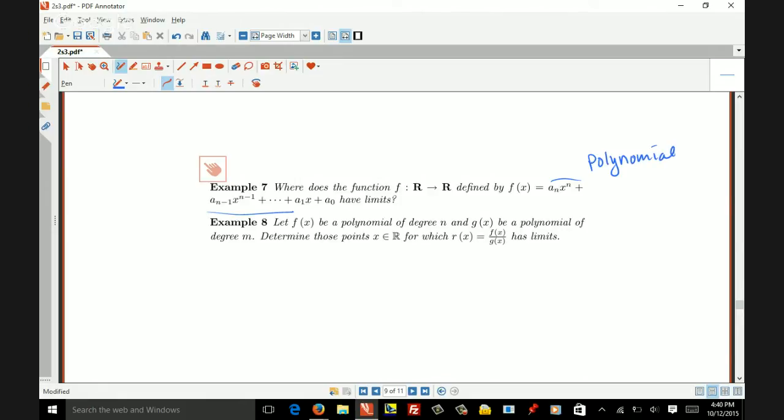If you think about your pre-calculus days and graphing polynomials, they have limits everywhere. They're never undefined, right?